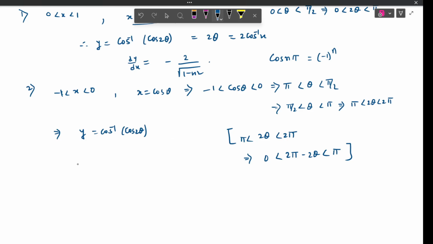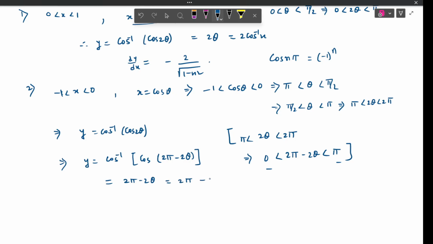Because within this interval, cos inverse cos theta is theta. So y would be cos inverse cos of 2 pi minus 2 theta. So it would be 2 pi minus 2 theta.